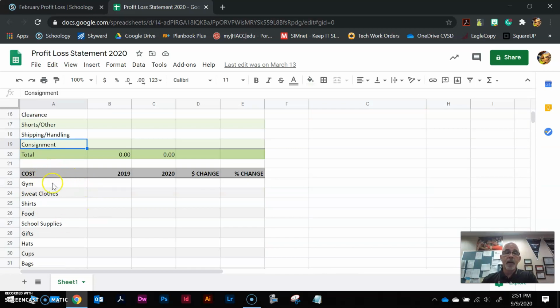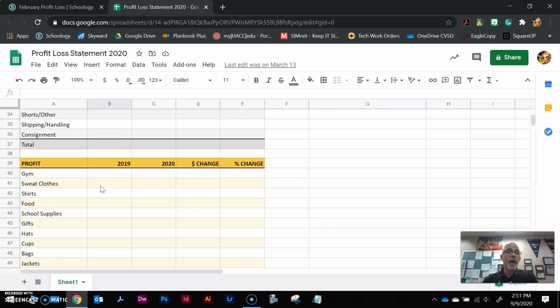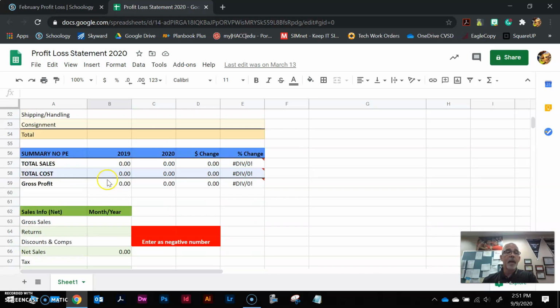This is the cost area. So again, we want to know, out of all the gym clothes that we sold in the month of February 2019, what we paid for the gym clothes. Okay. And then by having the sales and the costs, I can determine profit. And then finally, we have a summary down here. So technically, the gym clothes, the store doesn't own, the district owns.